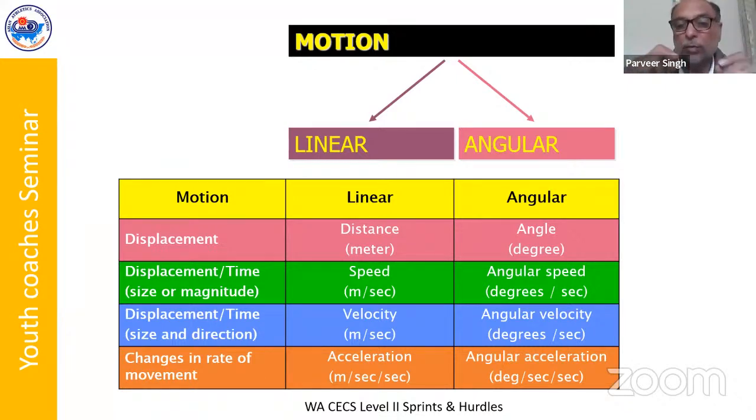So I will say the distance displacement. We measure the straight line with meters as in distance in throws or in long jump. But when the body is rotating, its displacement is measured in degrees, the angle it is making from the center of the axis.